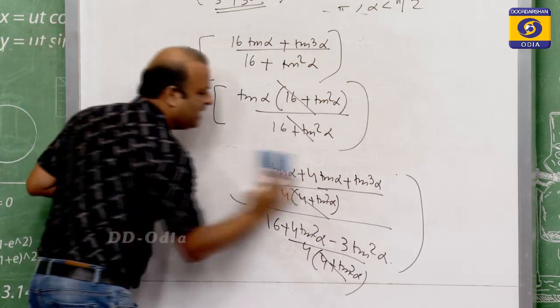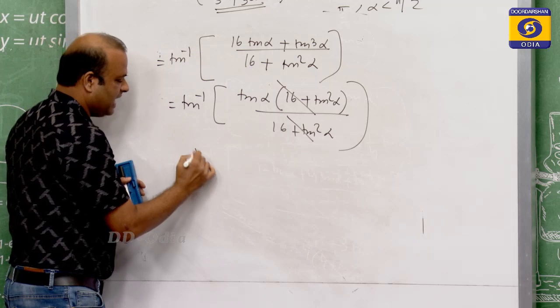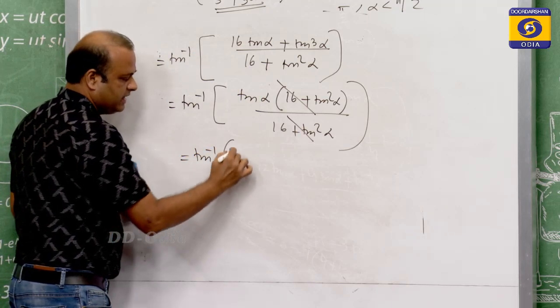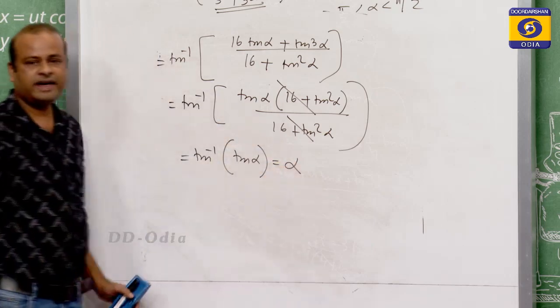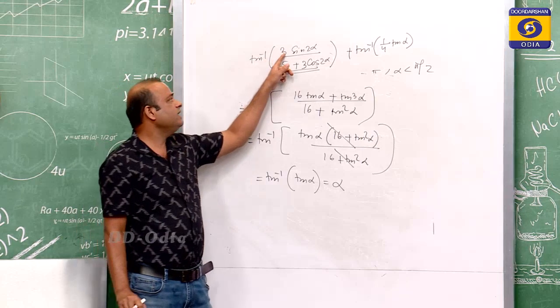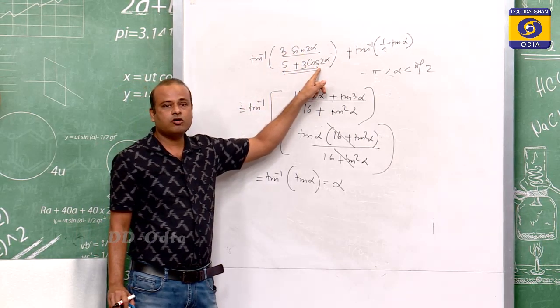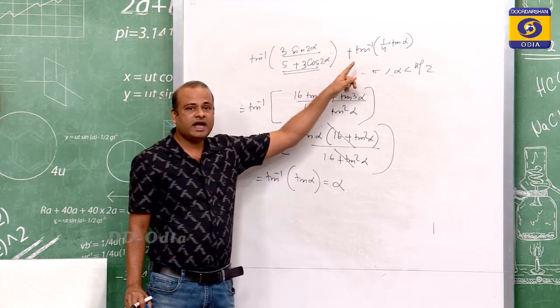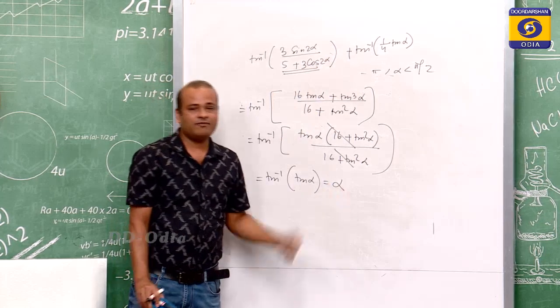Now it is tan inverse tan alpha, which equals alpha. So the value of tan inverse 3 sin 2 alpha by 5 plus 3 cos 2 alpha plus tan inverse 1 by 4 tan alpha is alpha.